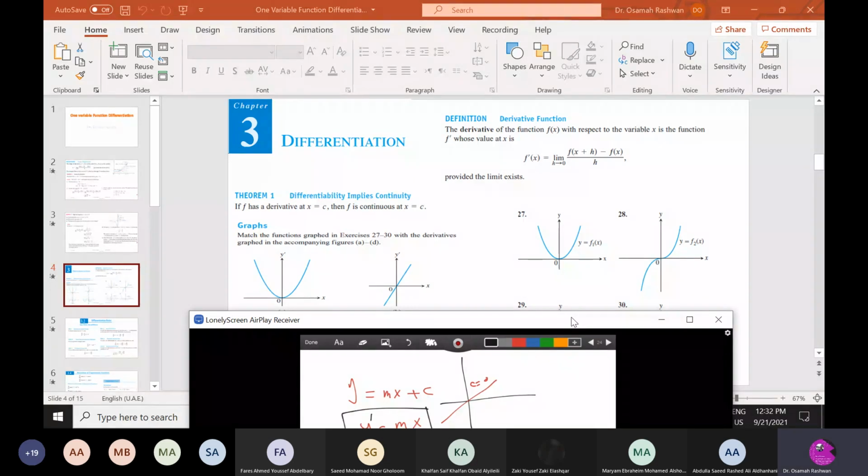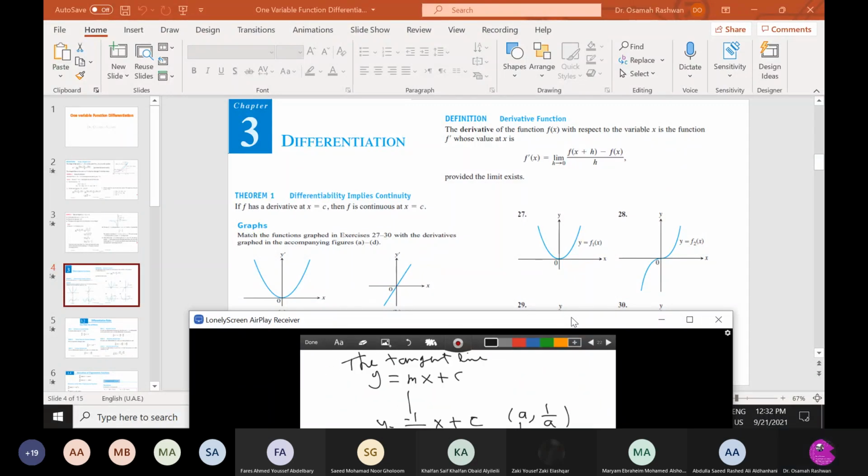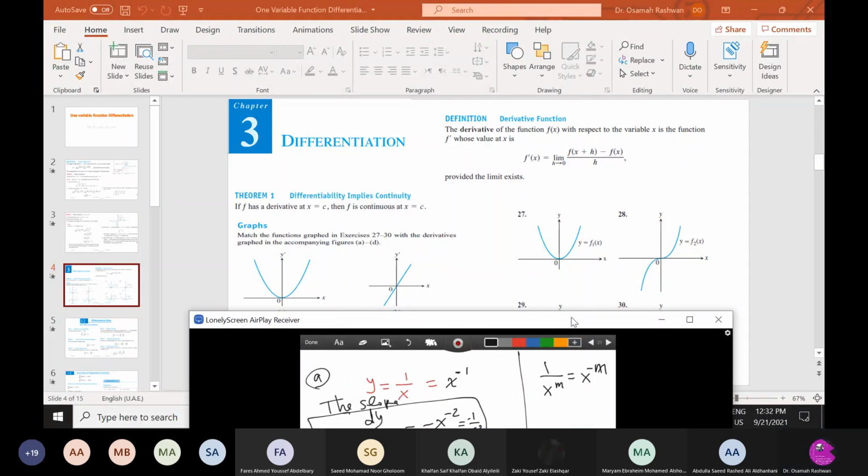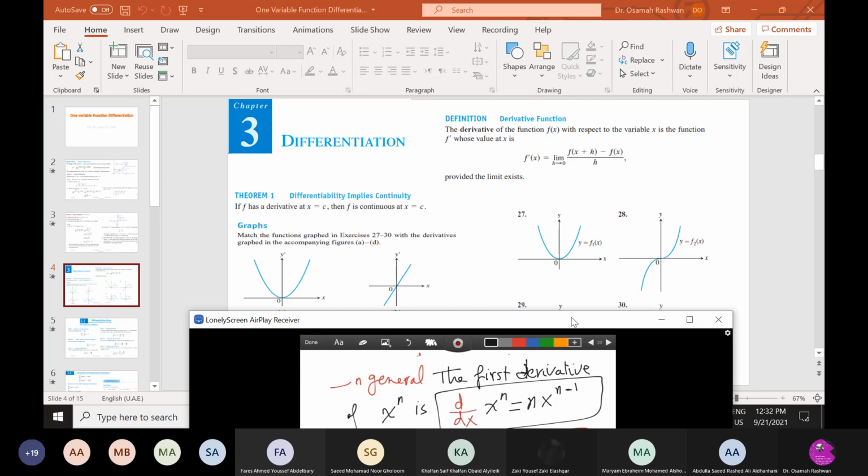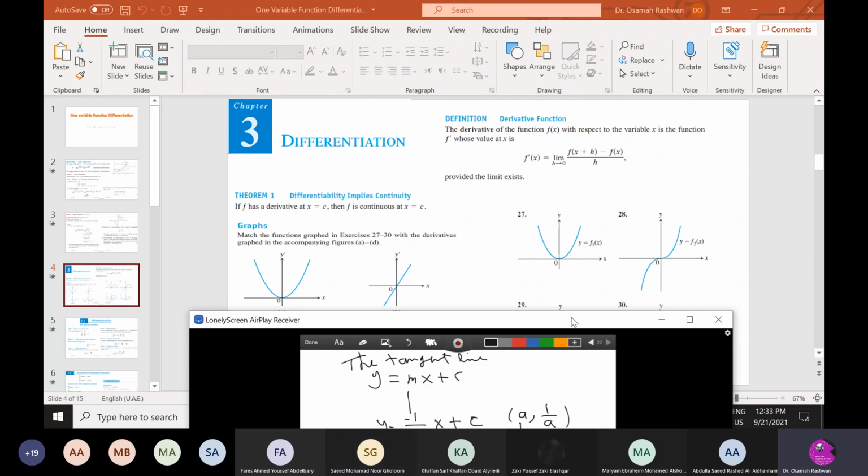When you have y dash as a line equation, you know from the formula that your derivative has a power less than the original function by 1, right? I have this one as a line equation. So what is the power here? The power is 1, right? So the original function must have x to the power what?